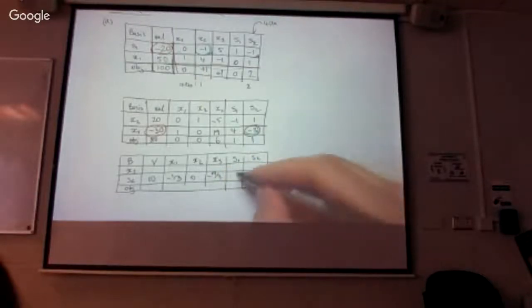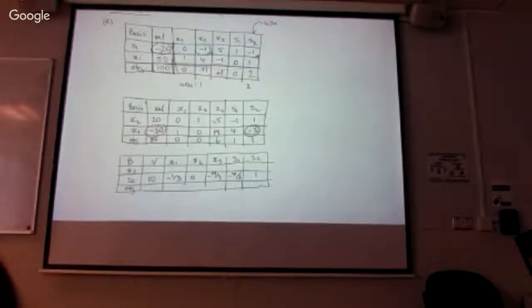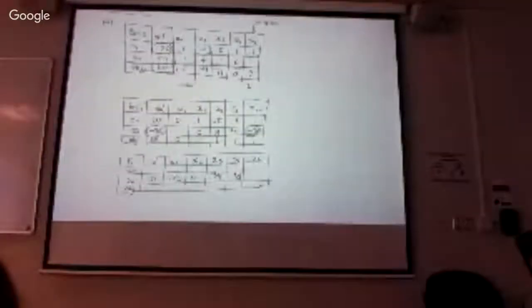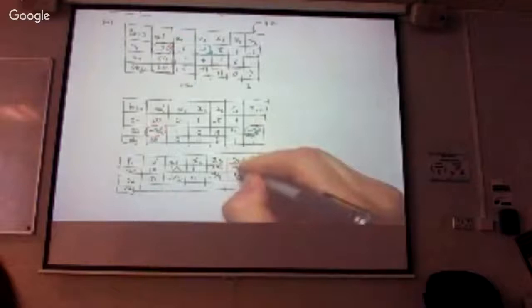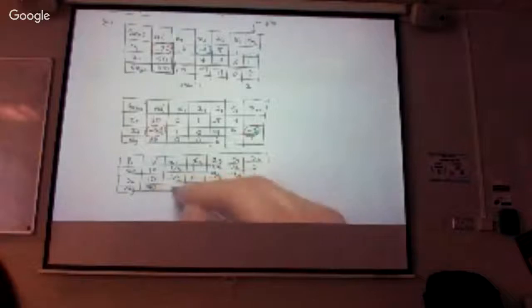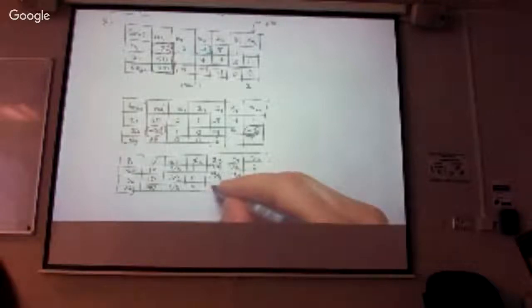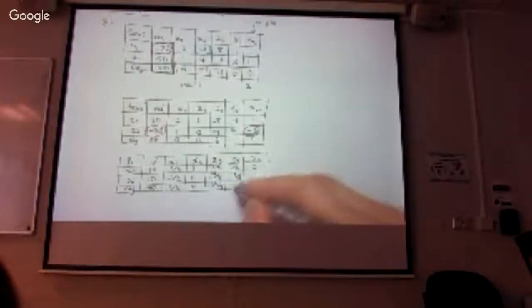I don't know who came up with this. Okay, the rest I don't know. Too hard. So apparently it's 10, 1/3, 1, 4/3, 1/3, 0. And the objective row is 70, 37 on the 3, and some more.